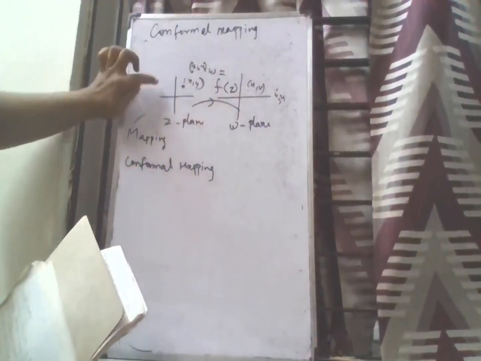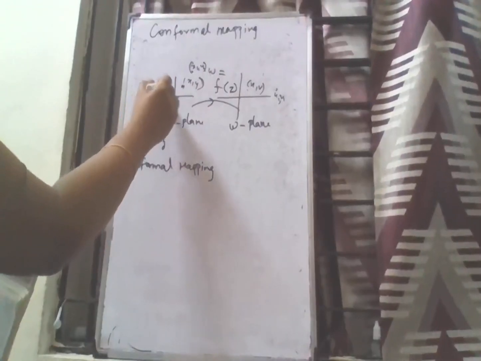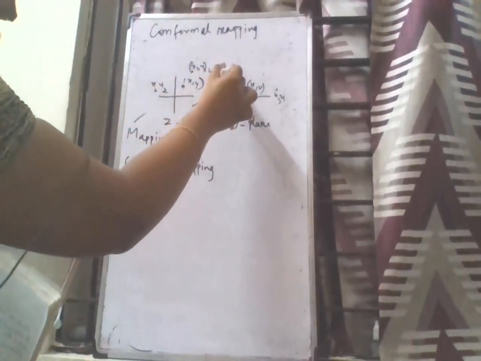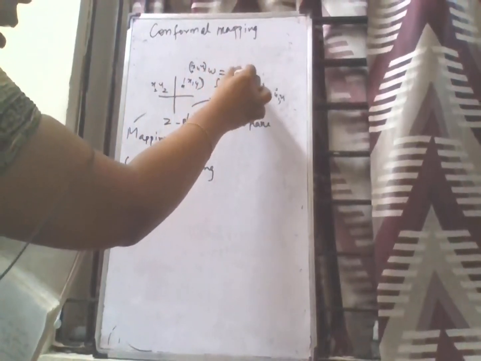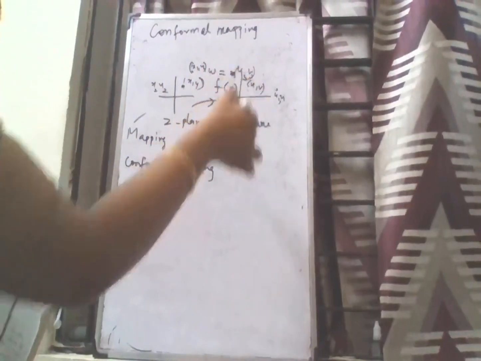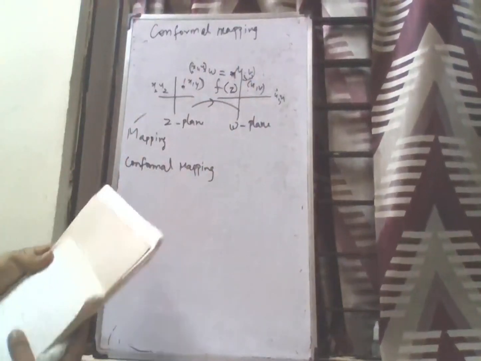Suppose here x2 y2, maybe in the second quadrant, correspondingly here you will have u2 comma v2. The pairs of points exist and the process goes on. So this is nothing but mapping.